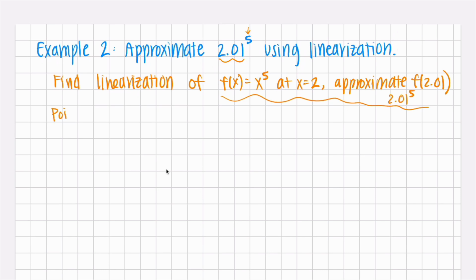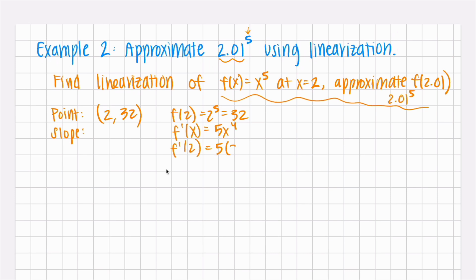So they're not giving you any of this info, but you need to come up with it. So we need to find a point and a slope. Notice at this point, this problem is very similar to the previous one. My x value is 2, my y value is 2 to the 5th, which is 32. For the slope, I need to find the first derivative and plug in the x value, which is 2. I get 5 times 16, which is 80.